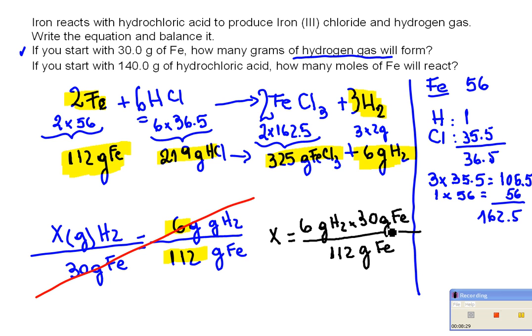Do not put grams only, because I can cancel only grams of iron with grams of iron. I cannot cancel grams of iron with grams of hydrogen. Okay, so as to be sure that the things are correct.